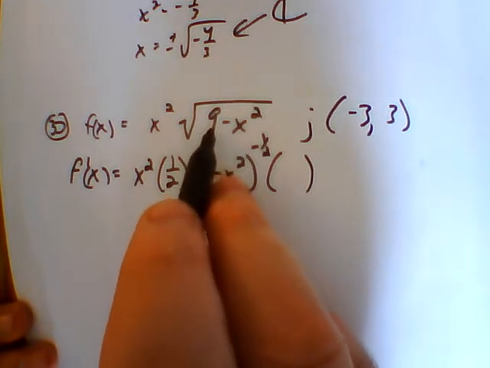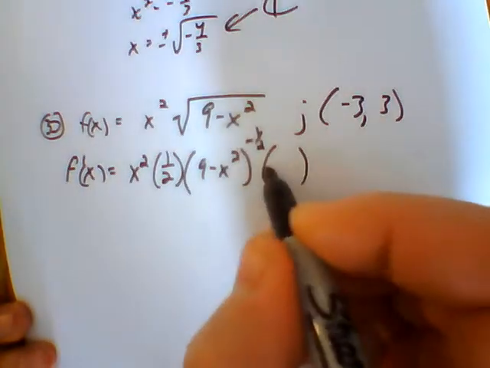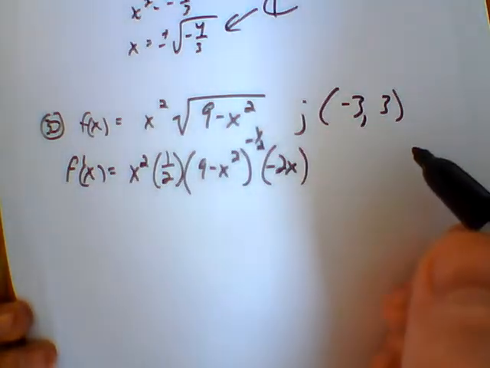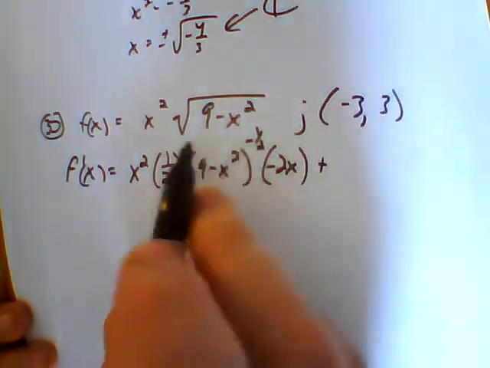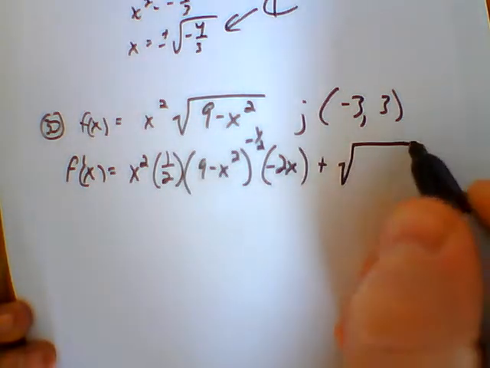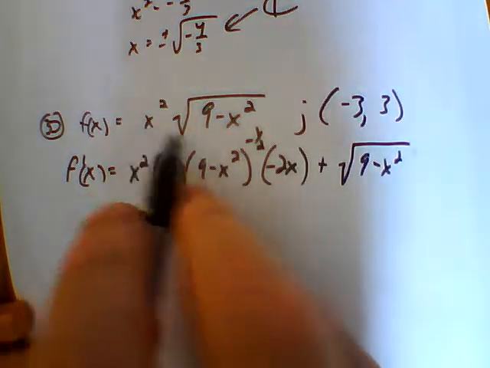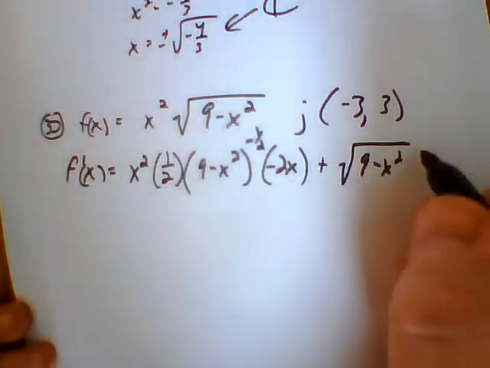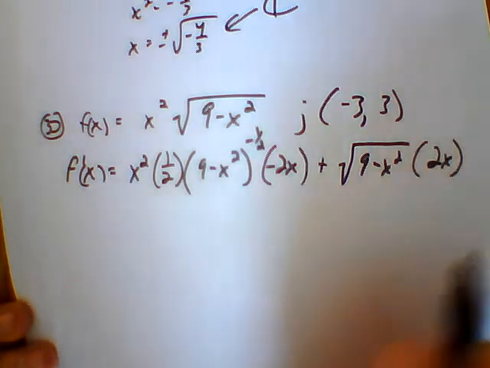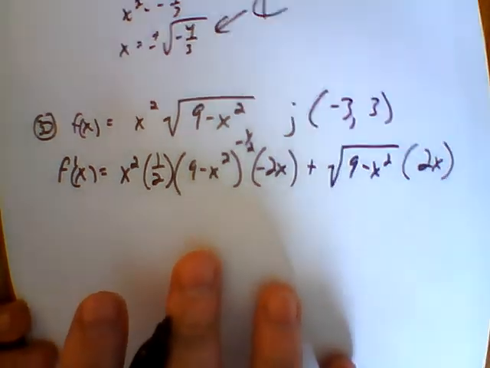So the derivative of 9 minus x squared is negative 2x. Plus then the derivative of the first one, so the derivative of x squared then is 2x, times the square root of 9 minus x squared.